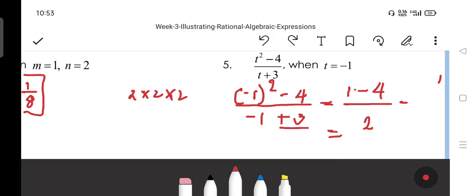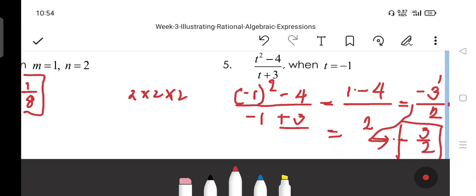Yes, we have negative 4 over 2, and 1 minus 4, again unlike signs, so subtract, 4 minus 1 is 3, and the sign of the bigger number is negative. So that is negative 3 over 2, or negative 3 halves. Okay, that's it for letter B.